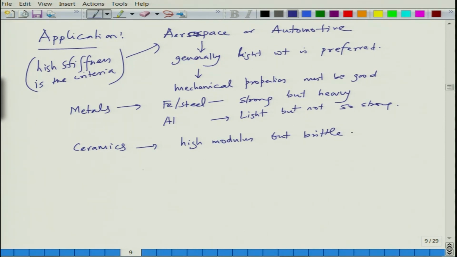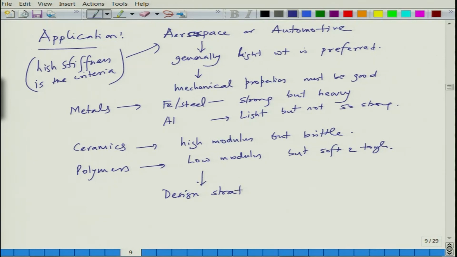And the polymers, on the other hand, have low modulus but are soft and could be tough. So, this gives us a design strategy to mix, to make new materials called composites.